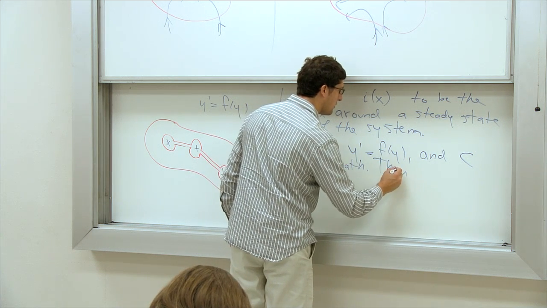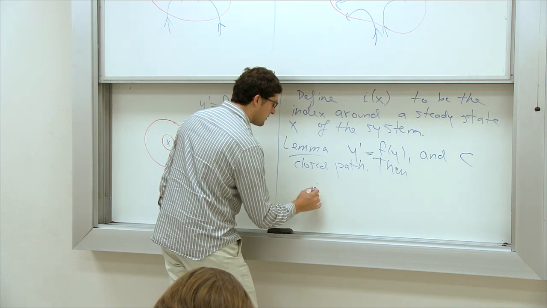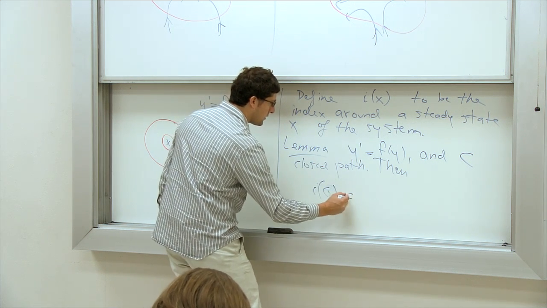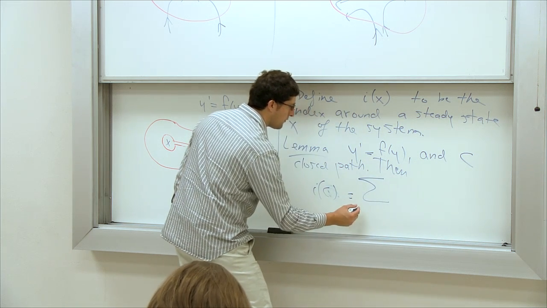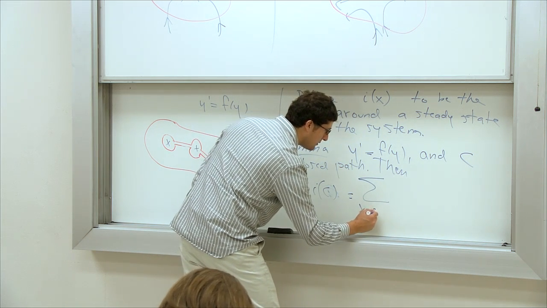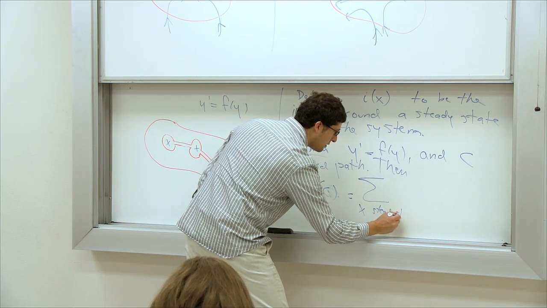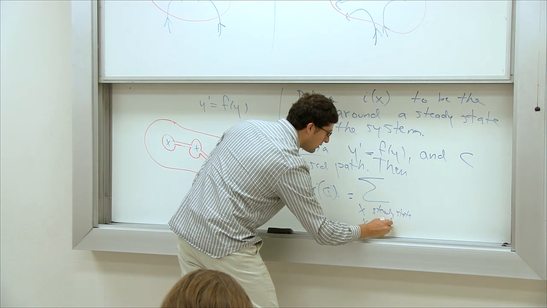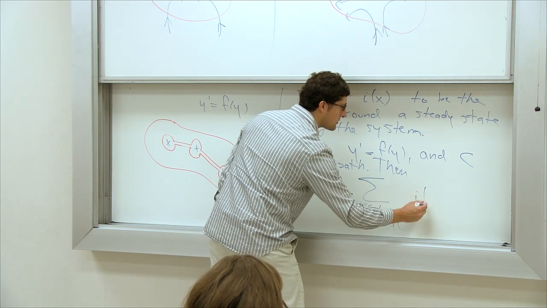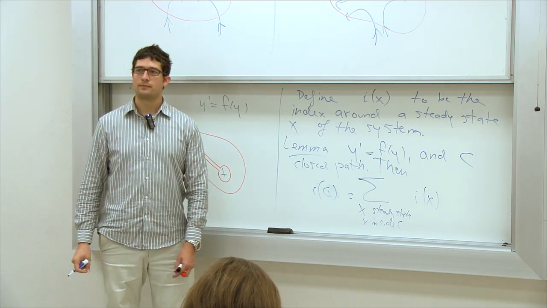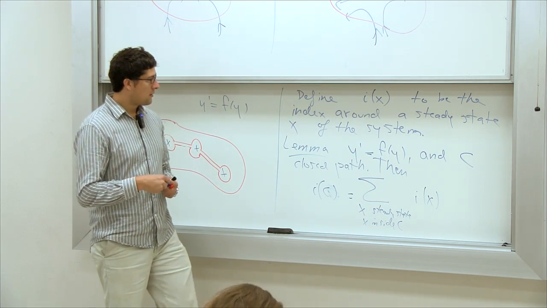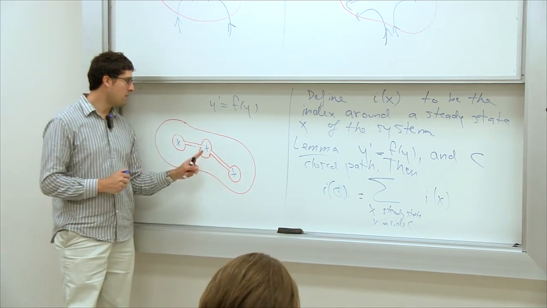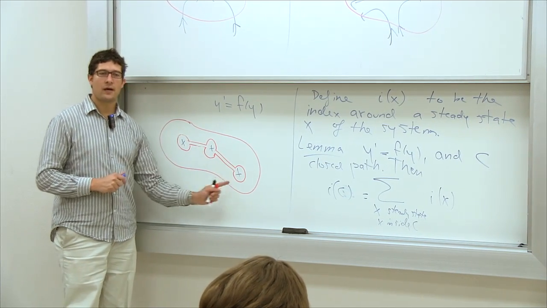Then the index of that path, the index of C if you will, is equal to the sum over all steady states that lie inside C of the index of x. Okay, so once again, maybe the formula looks a little bit funny, but that's really what it means. You take every one of these indexes around the steady state and you add them up.